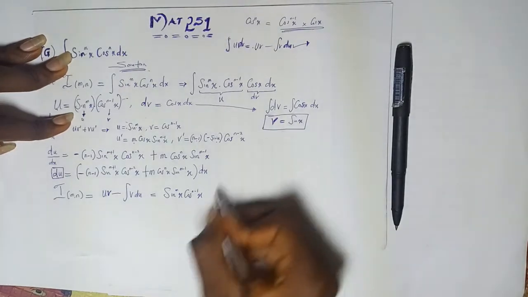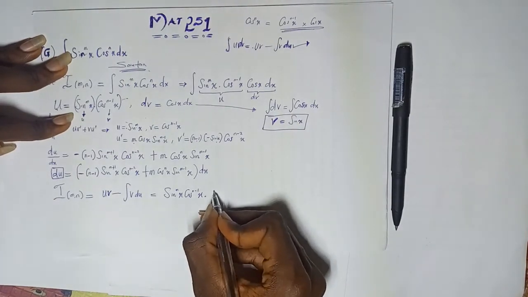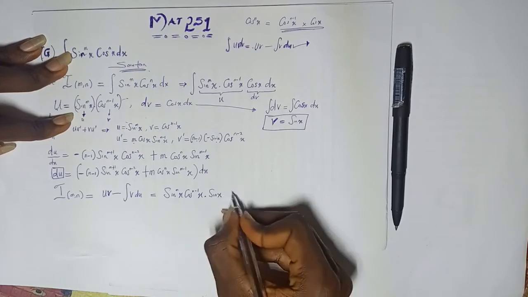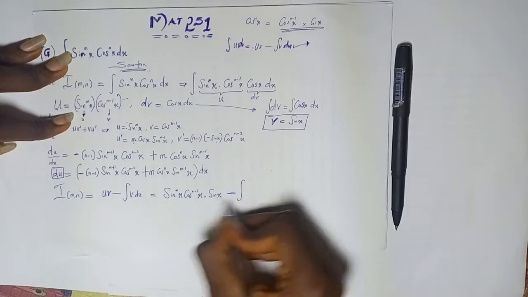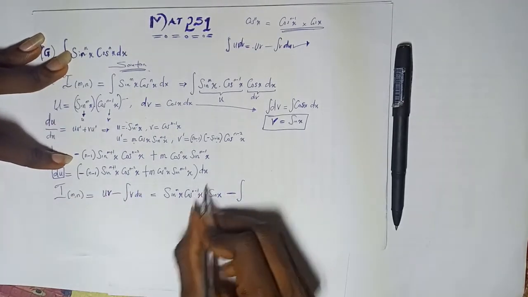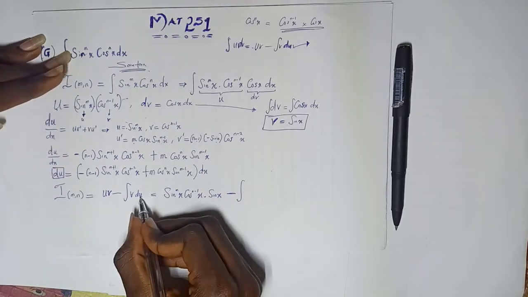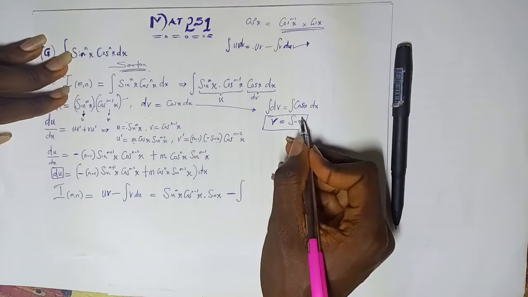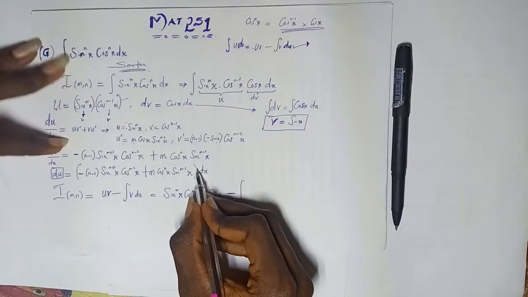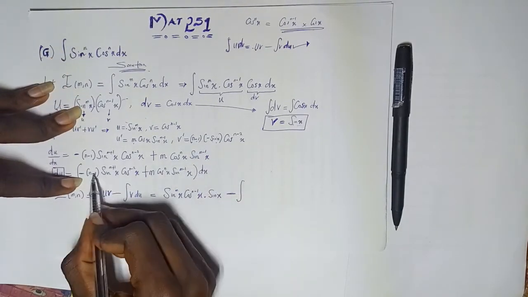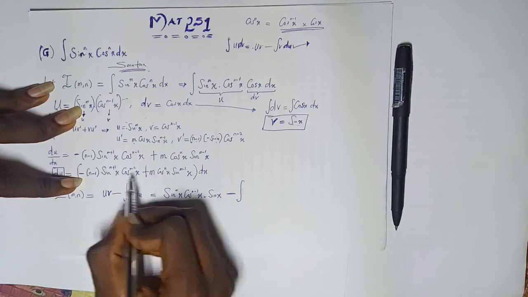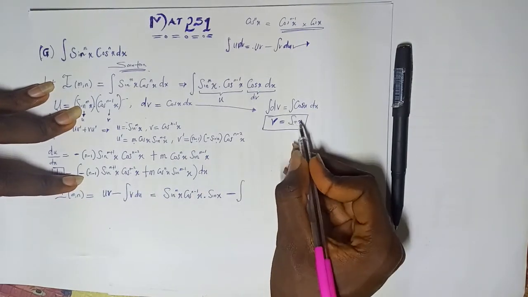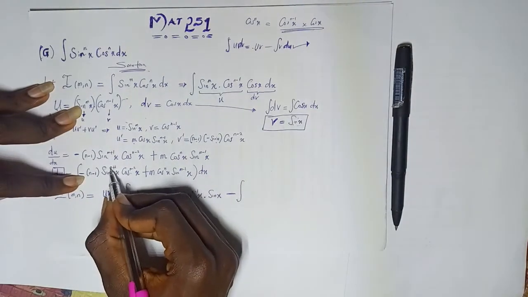So I'll multiply this by sine x, minus the integral of v, the whole of this, then multiply by du. Sorry, v is this, then multiply by du. So I'm multiplying sine x with what I have here. If this first term multiplies sine x, there is a 1 here, there is a 1 here, that is n plus 2.